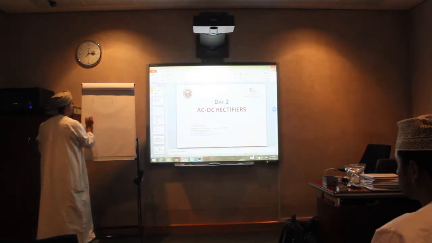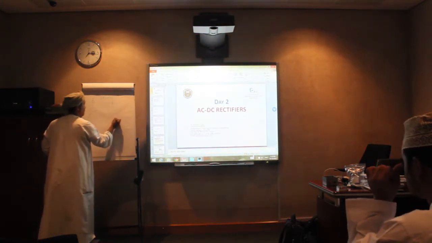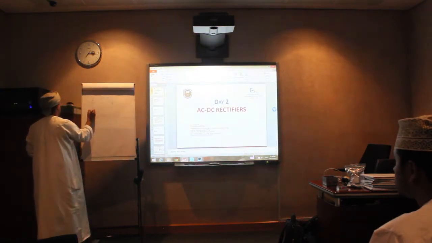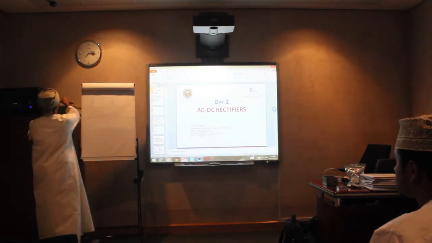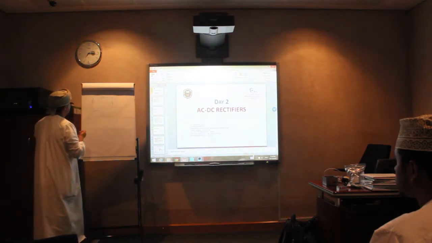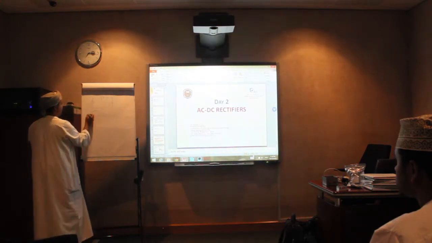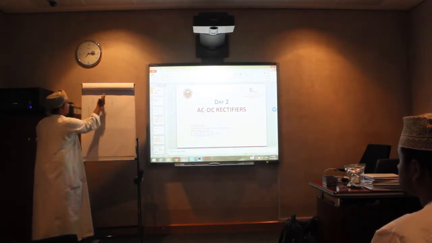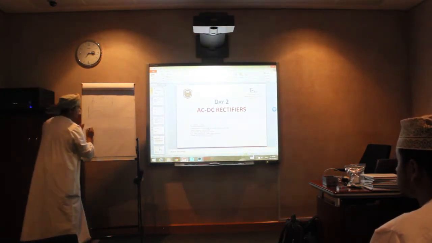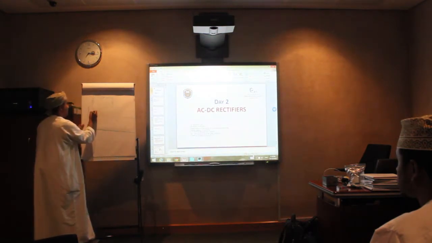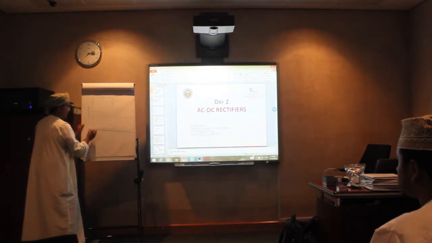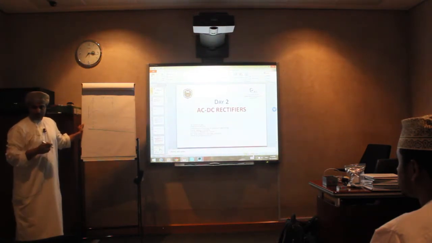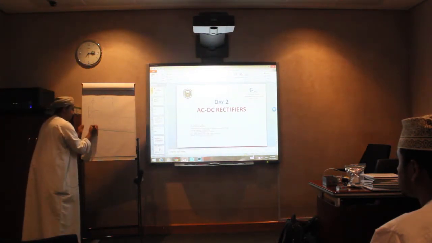For example, this is the input signal here, and I need to also send a signal to the gate. Suppose I send a signal using a microcontroller with a drive circuit, at this point.